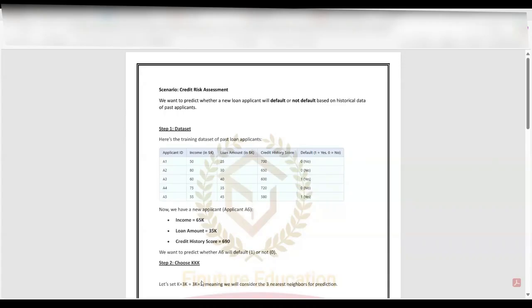Now say you have a new application and you want to predict, based on this historical data, whether your new loan application will default or not using the KNN model. So what you do, you calculate. You take k is equal to 3. This one is a choice.